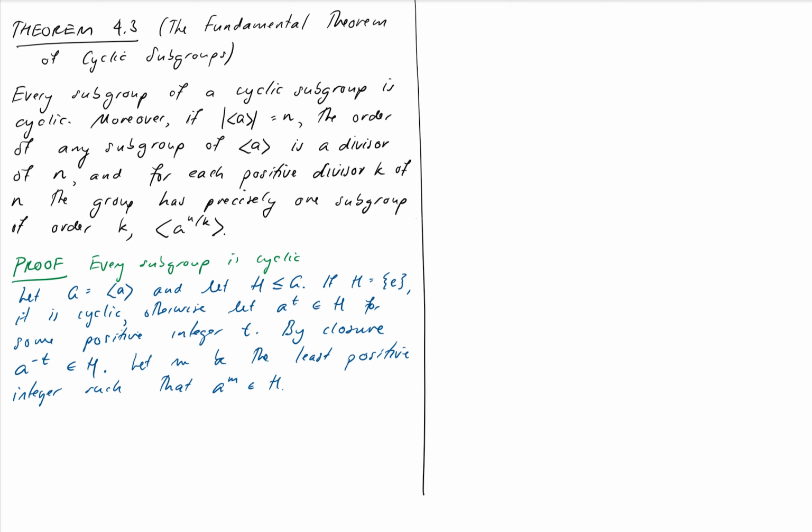Now what we're going to try and do is show that actually this subgroup H has got to be the subgroup generated by a^m. We will show that H has to be this thing here.